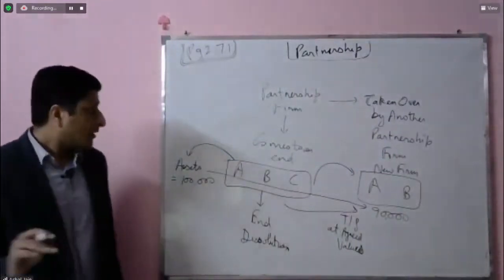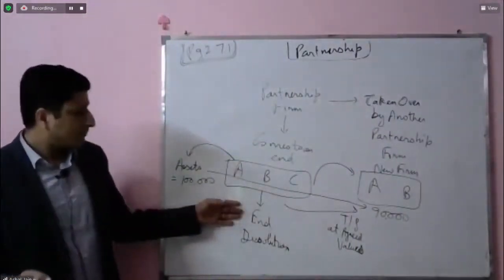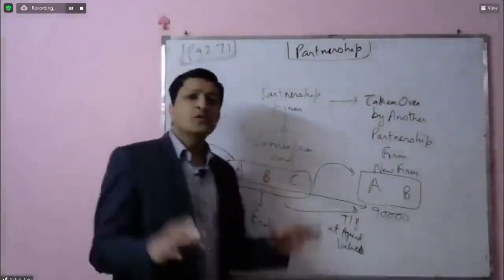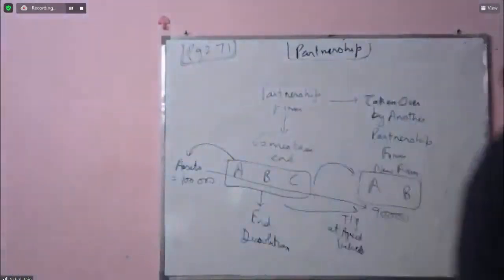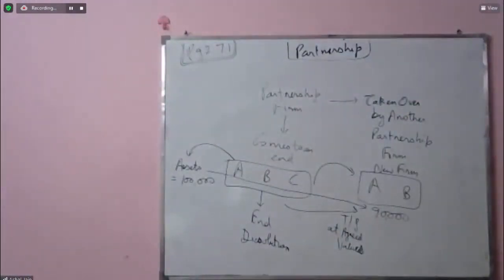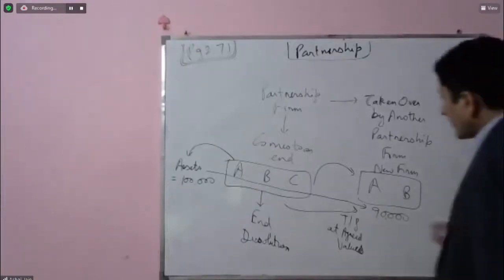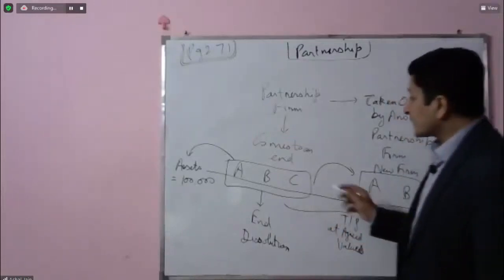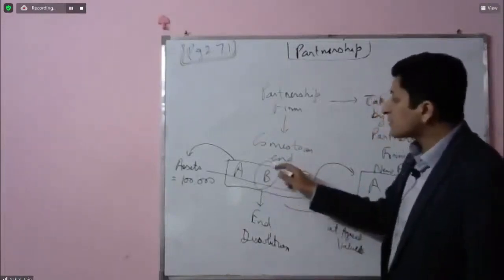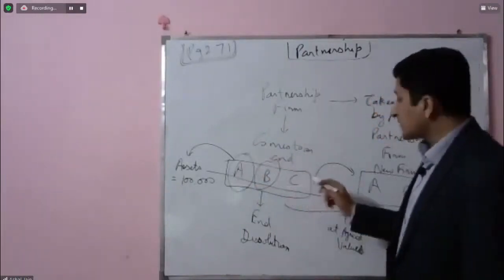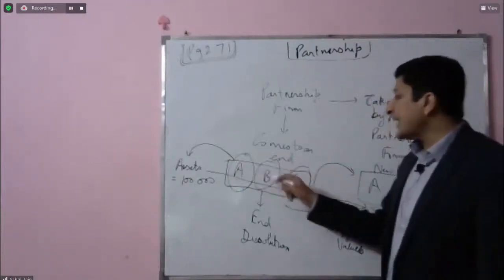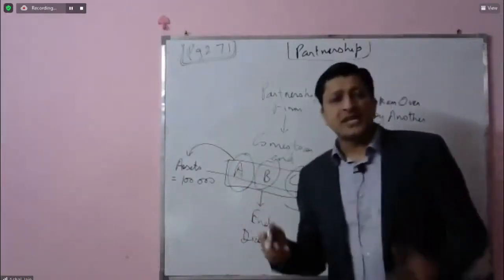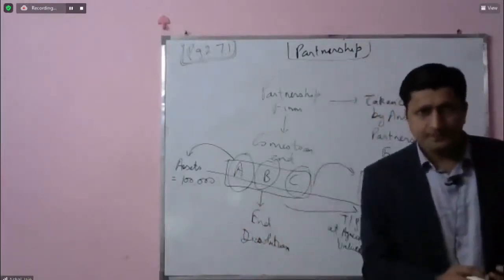When it comes to the dissolution, A, B, and C will close their capital accounts. They will also get to understand in relation to their capital accounts what is the balance of B, what is the balance of A, what is the balance of C. Because A and B plan to continue, they will not take away any cash.